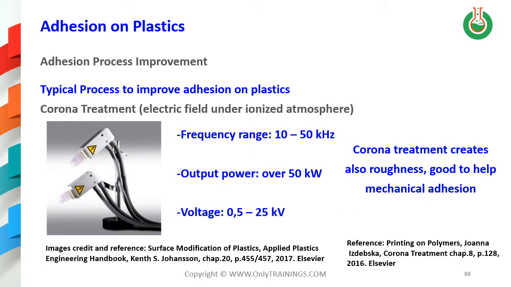Here are some process parameters. Frequency range usually applied 10 to 15 kilohertz, output power 50 kilohertz, voltage 0.5 to 25 kilovolts. The effectiveness of the corona treatment depends on the specific material being used.